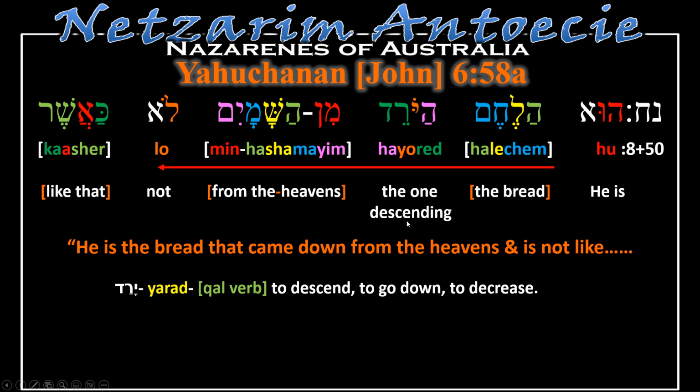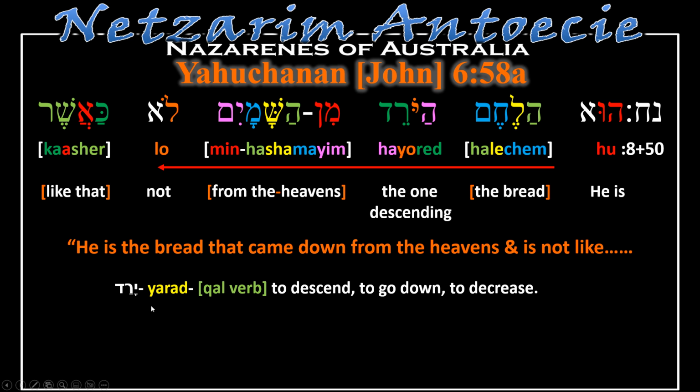Of course, he's talking about the Son of Man, which of course means himself. The one descending, min from ha-shamayim, the heavens. Lo, not ka'asher, like that. So he is the bread that came down from the heavens and is not like.